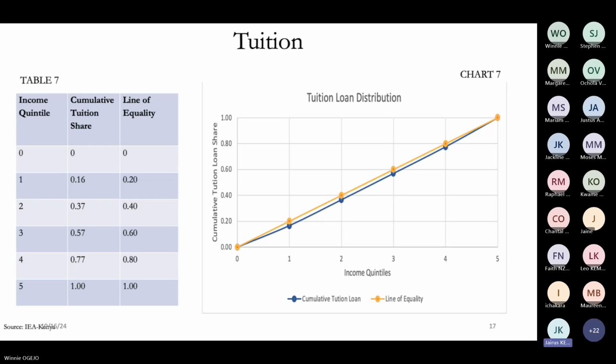We'll be able to explain later why that's not a big problem. So from what we are able to see here, this distribution is regressive, though this does not mean that it's a bad thing, especially considering that loans are repayable.